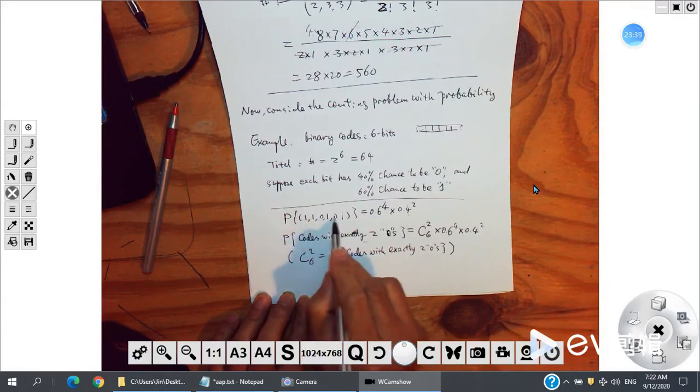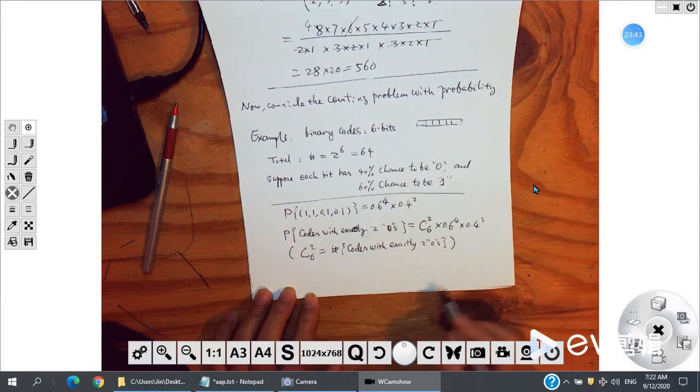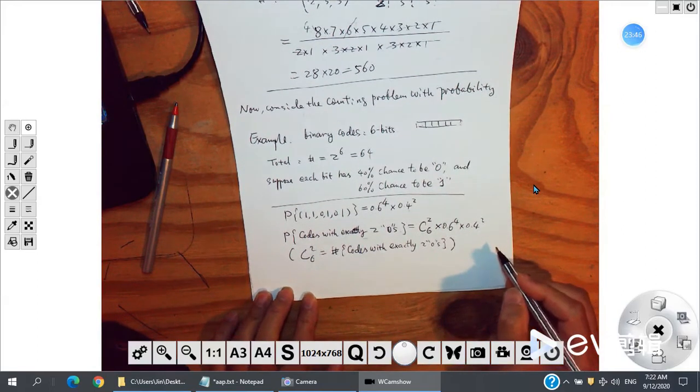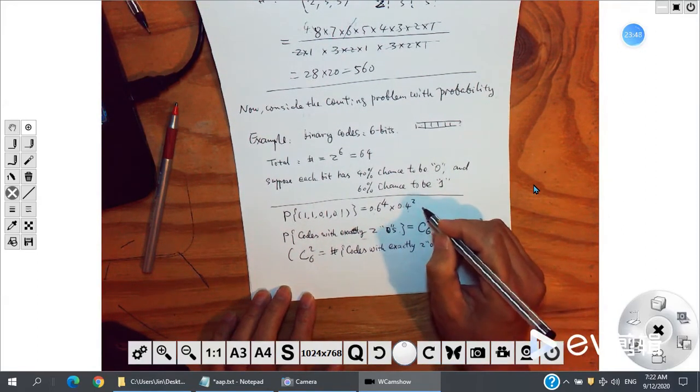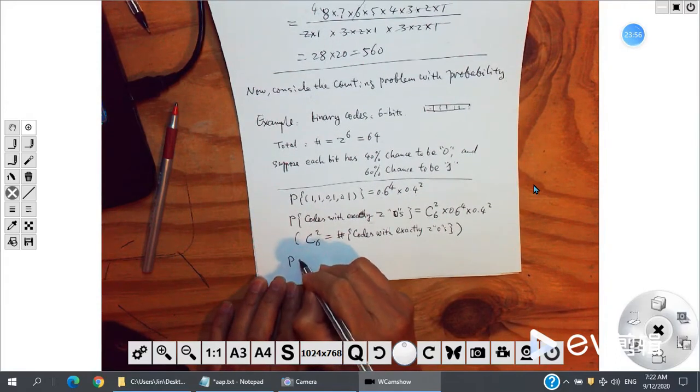You have 2 zeros and 4 ones to look like this. All right. Can we calculate this? I leave it here.